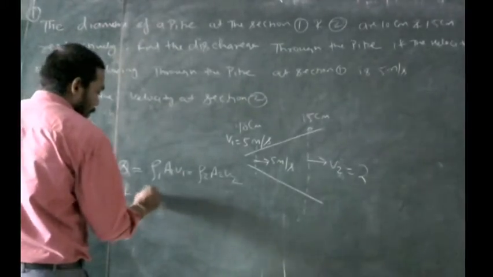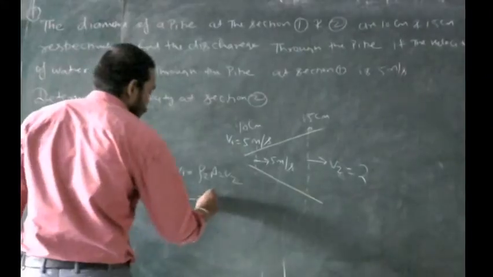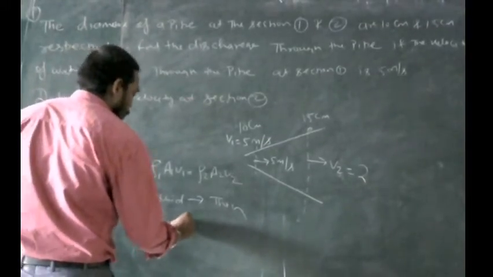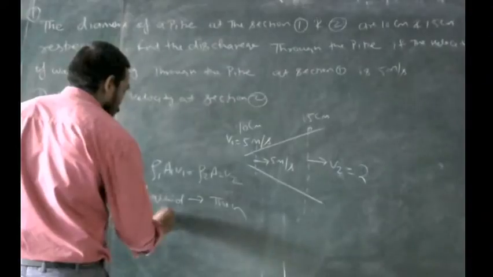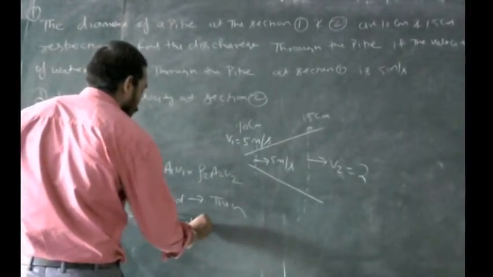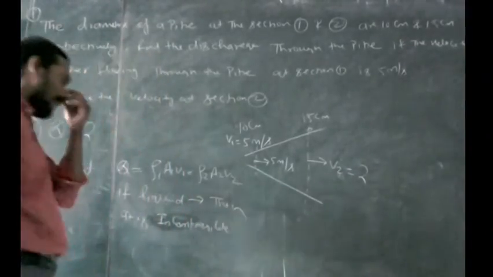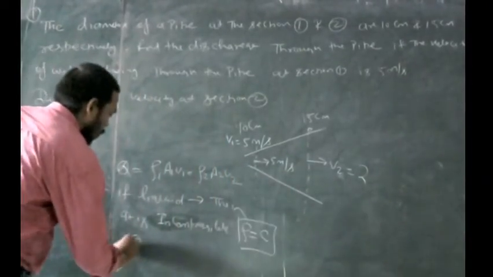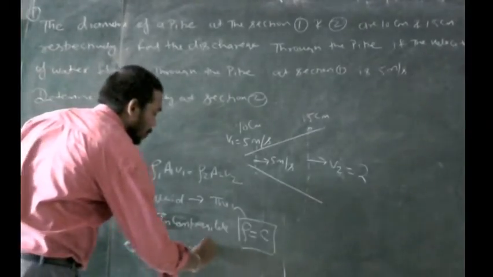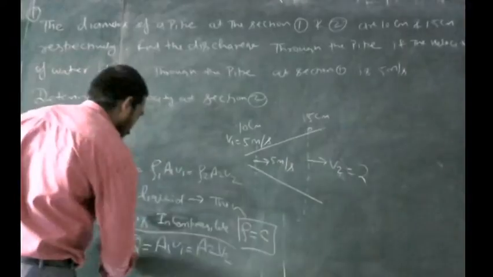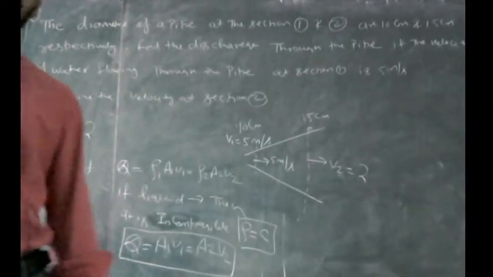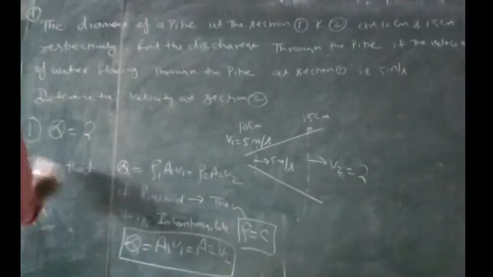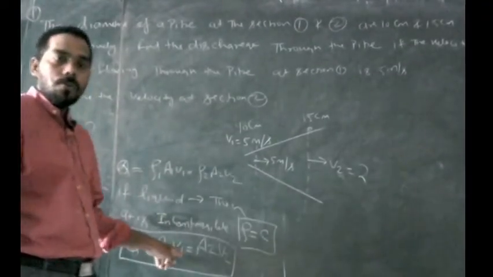If I am taking liquid, then it is incompressible, so density is constant. So what will Q become? Q equal to A1 V1 equal to A2 V2. You have to keep this. So now see how we will solve this. Note this down: Q equal to A1 V1 equal to A2 V2.